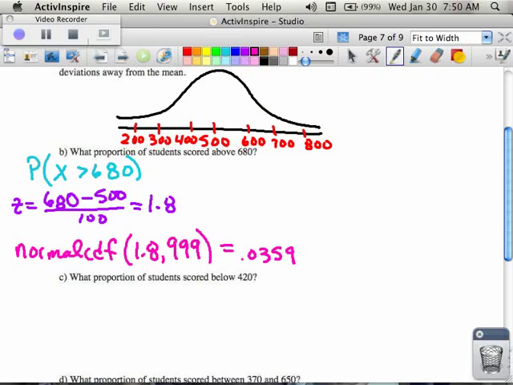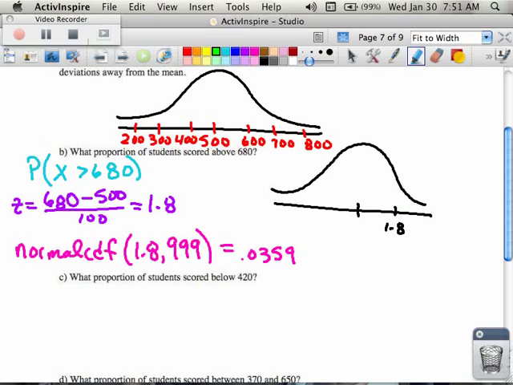If I were to draw, which I probably should do for the grader, one way I can indicate that I know what's going on is to put the mean and then 1.8 for my z-score, and indicate to my reader that I'm looking for all the scores to the right of my 1.8 z-score.